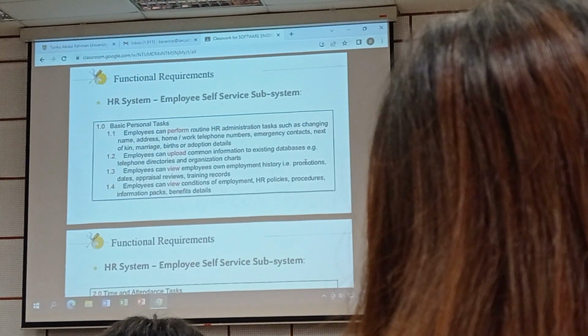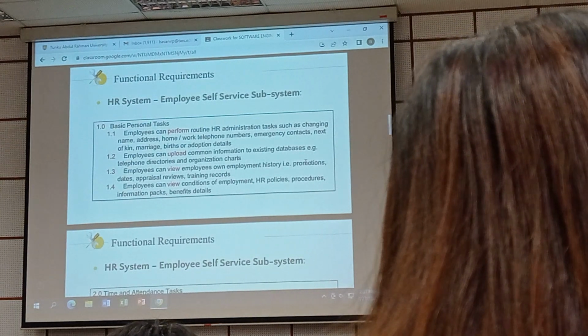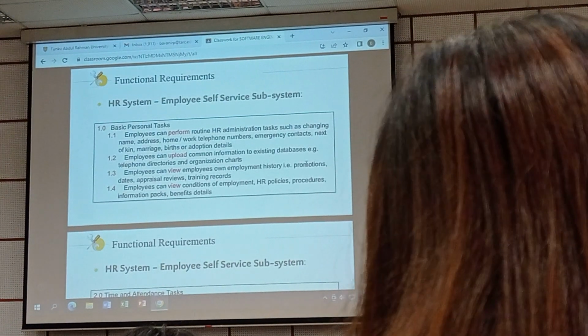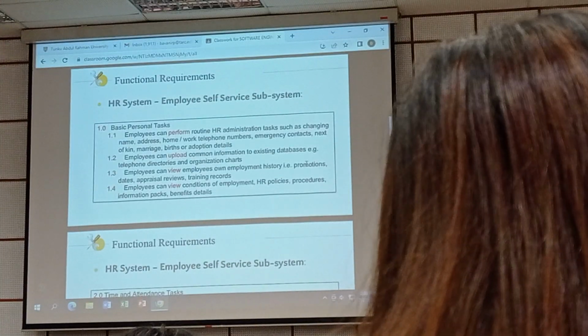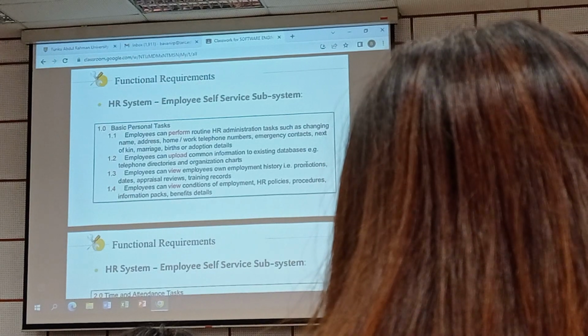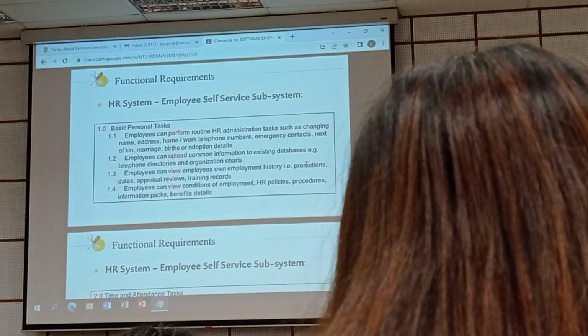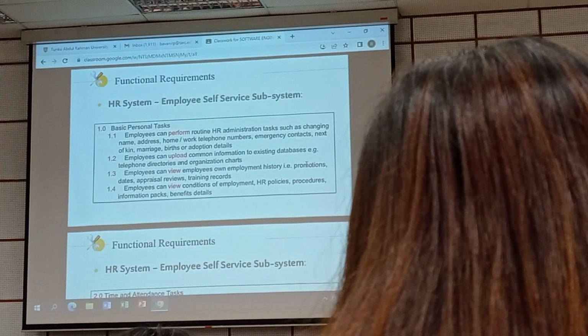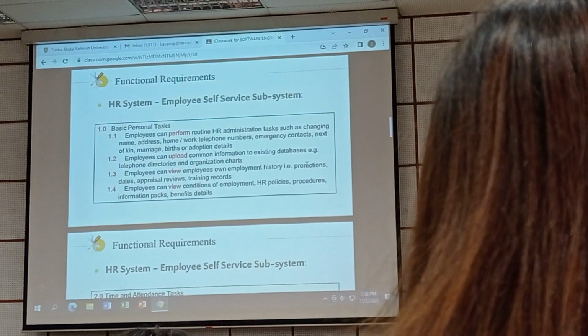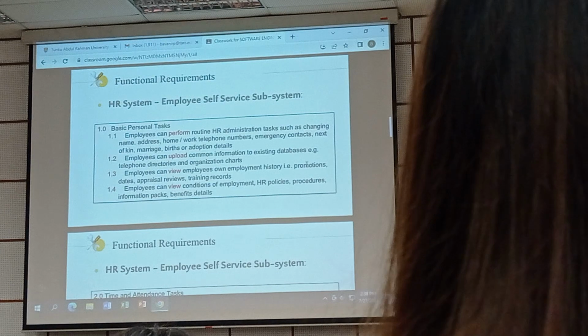The word perform is the verb, action. The employee can upload. Uploading is an action. The employee can view. View is an action. Employee can view the employee's own history. All these are verbs, actions.